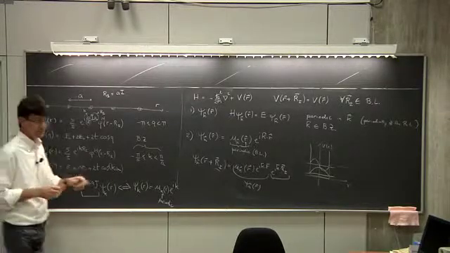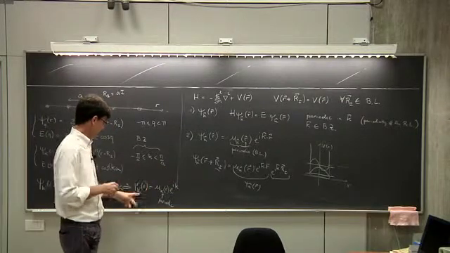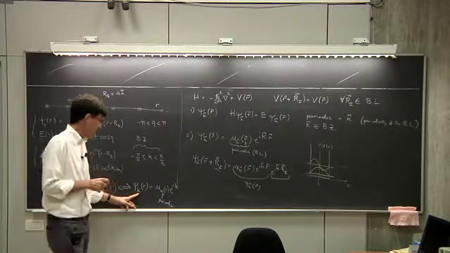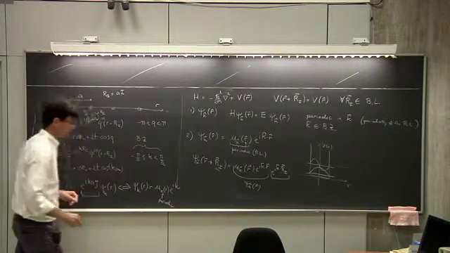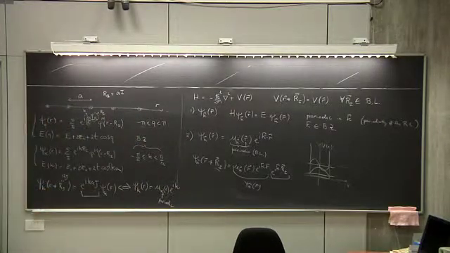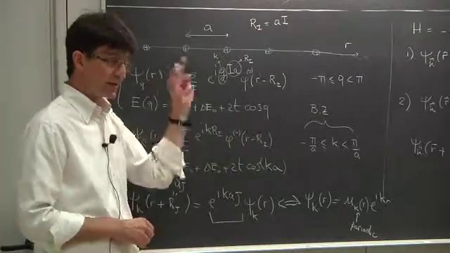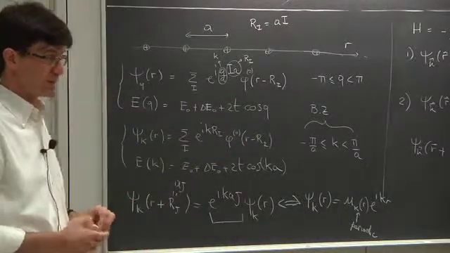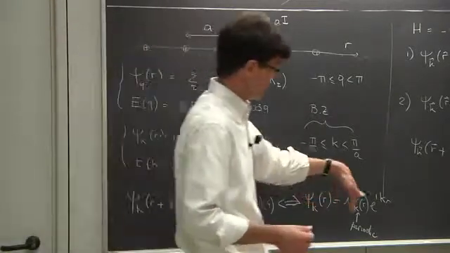Same here. You only have to think that k takes discrete values. That's the only consequence of taking these periodic boundary conditions with large n. But that was just a trick.